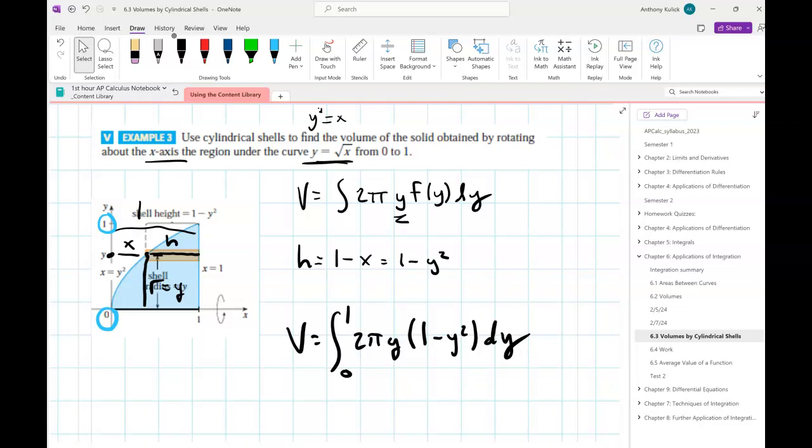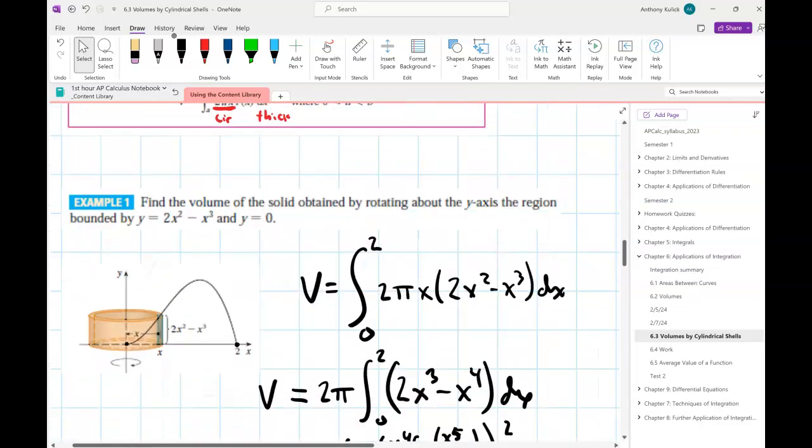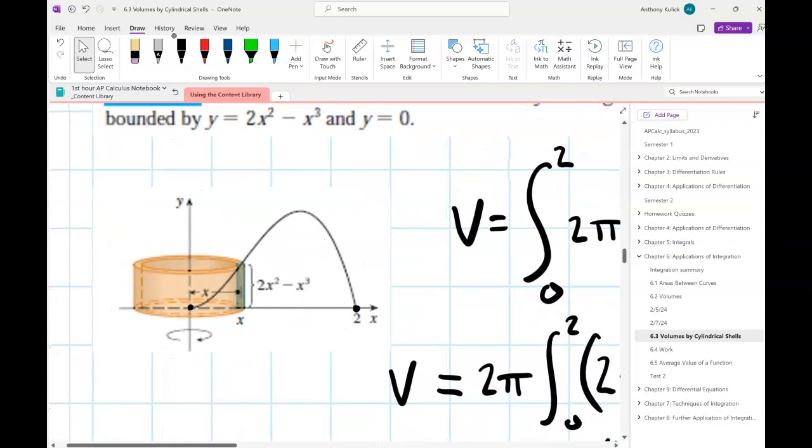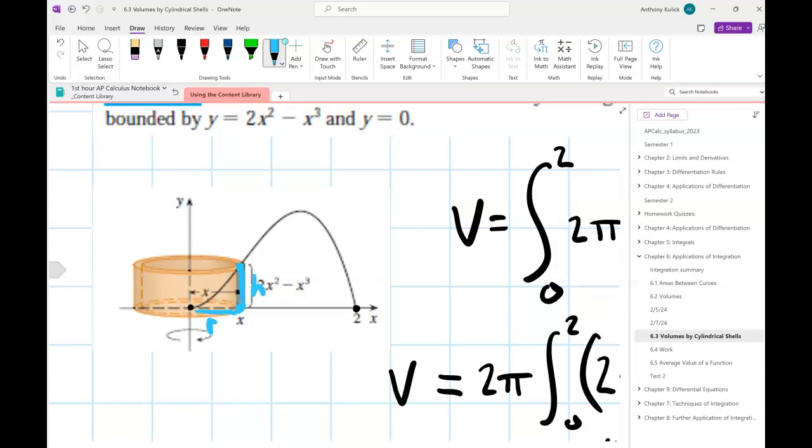Katie: Why do I have to subtract that x from the... I feel like in the last one, we just used it. So if I look here, as we're picking some x, that's like the radius, and that's like the height, right? Well, that point is just x comma y.